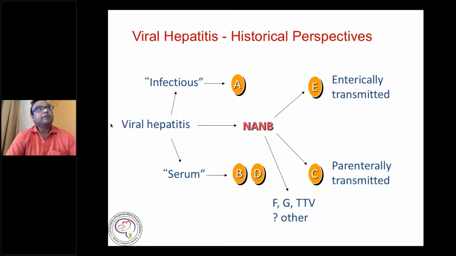All the hepatitis, whether it's hepatitis B, C, or D, are usually parenterally transmitted. Hepatitis A and E are fecal-enteral transmission. So it is basically caused by the food or drink which we consume.